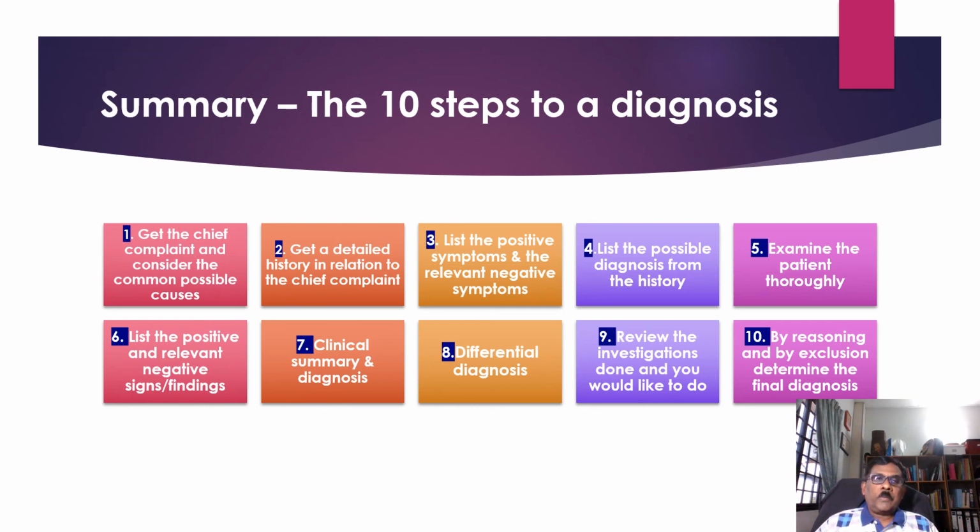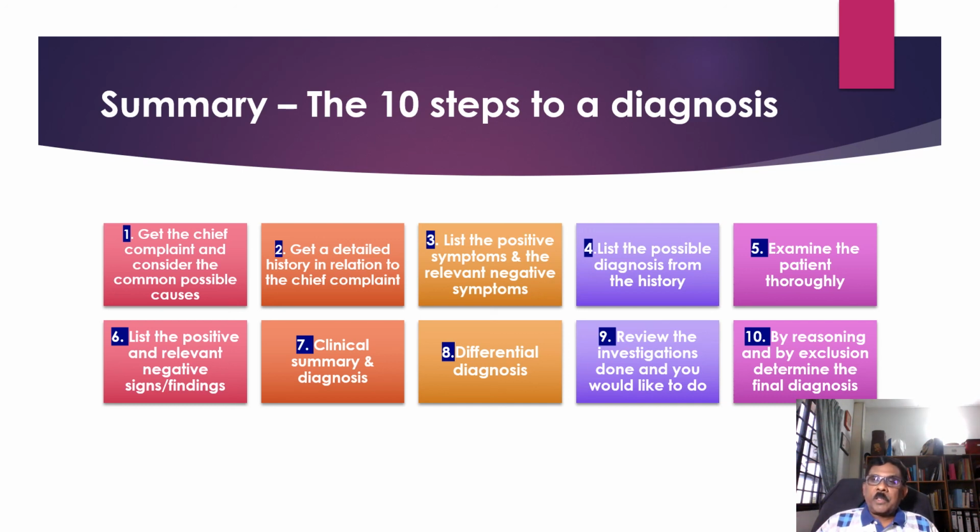So here once again is a summary of the 10 steps to establish a diagnosis. First, get the chief complaint and consider the common possible causes. Second, get a detailed history in relation to the chief complaint. Third, list the positive symptoms and the relevant negative symptoms. Fourth, list the possible diagnoses from the history.